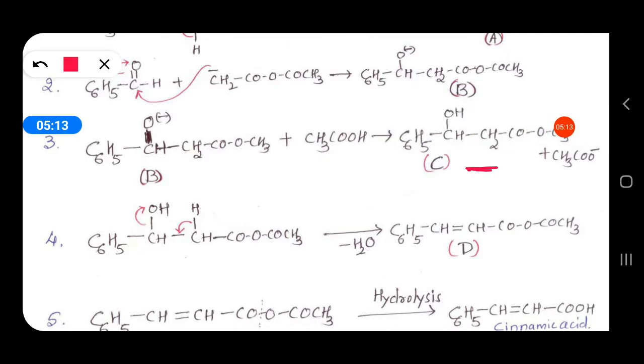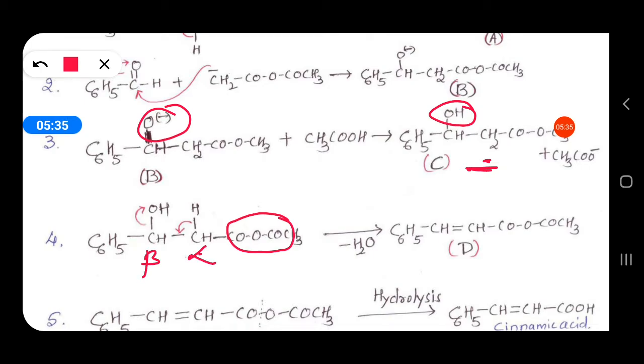After accepting a proton, this O minus becomes OH, and the reaction mixture on heating, what happens? This CH2 is called the alpha carbon because adjacent to it there is a functional group, the carbonyl group. This is the alpha carbon and this is the beta carbon.